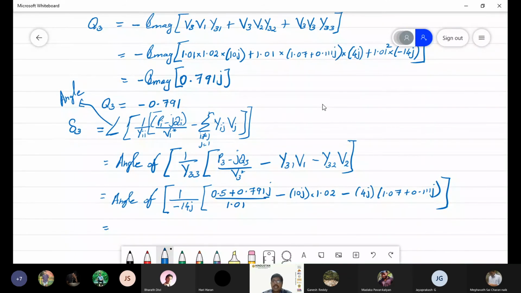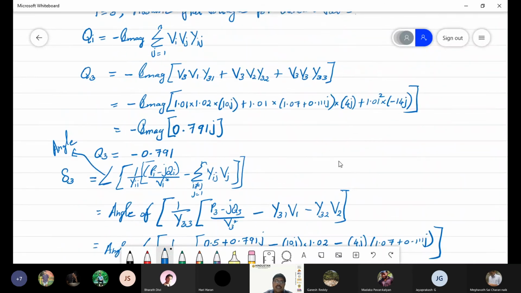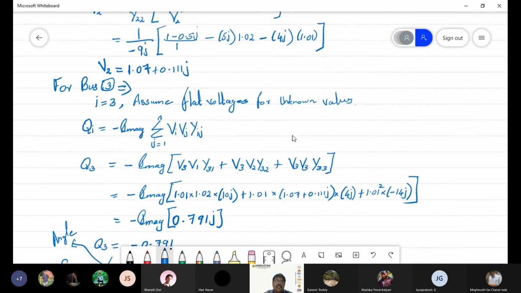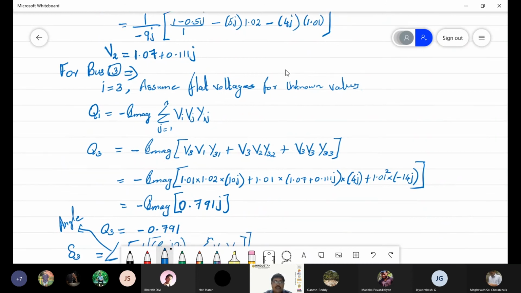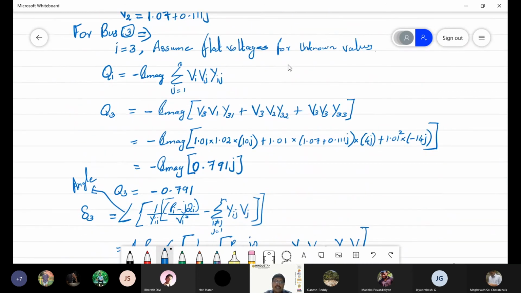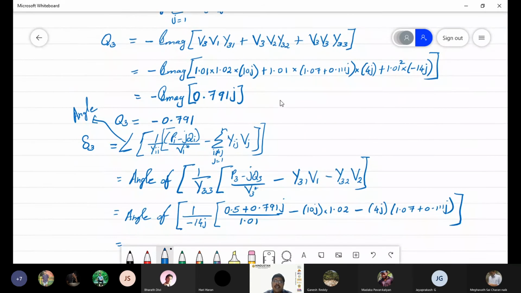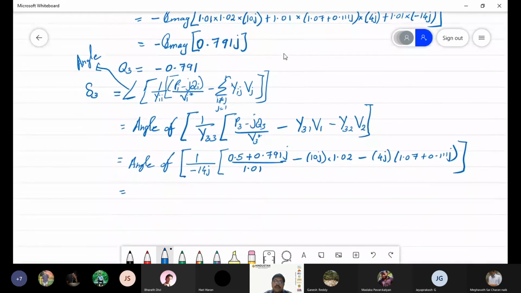If you calculated all those values up to this, in the previous case you got V2, and if you take the angle of this one, we get del 2. Therefore P and Q were given, V and del we identified. For bus 3, it is a PV bus, so Q we identified, and we need del. Del we just calculated here.